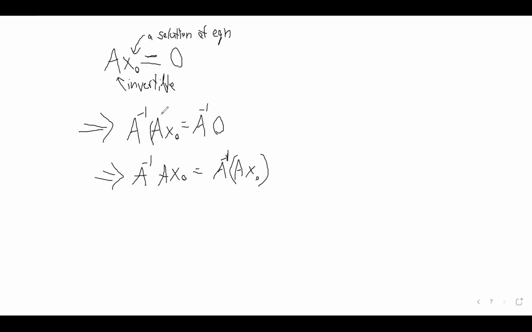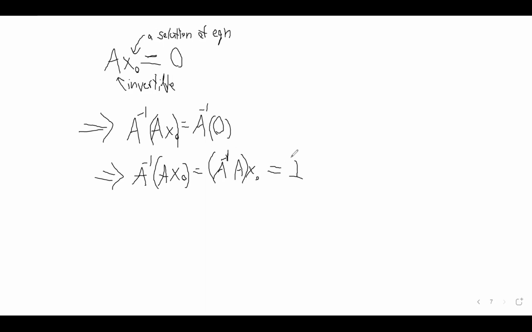But we can switch the order by the properties that we went over earlier, and so that's equal to A inverse A times x naught.